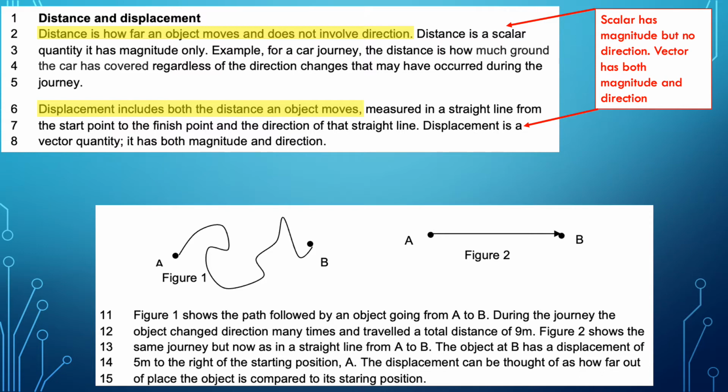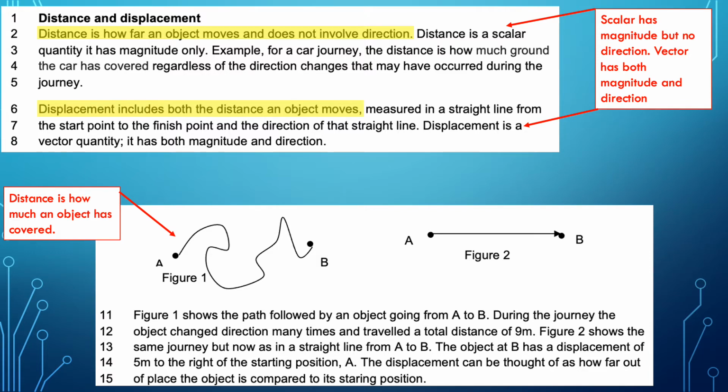For displacement, this is something that we use a lot less, and displacement can be seen as basically how far from your original position you were. So for instance, let's look at figure 1 and 2, right? So the one on the left, you'd be able to really simply tell me the distance in that one would be around 9 meters, okay?